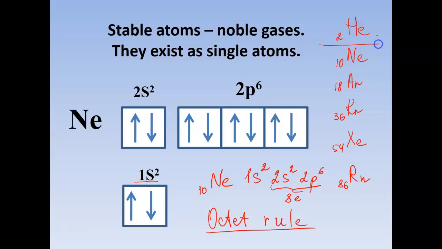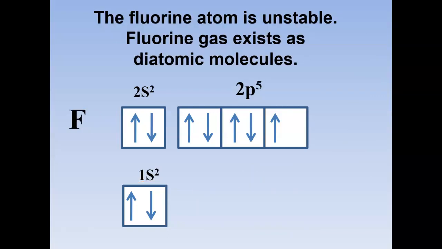For elements from the second period, third, and so on, a completed outer shell has 8 electrons. Exactly, the octet rule. But for elements from period number 1, hydrogen number 1 and helium number 2, they're stable when they have 2 electrons on their outer shell.